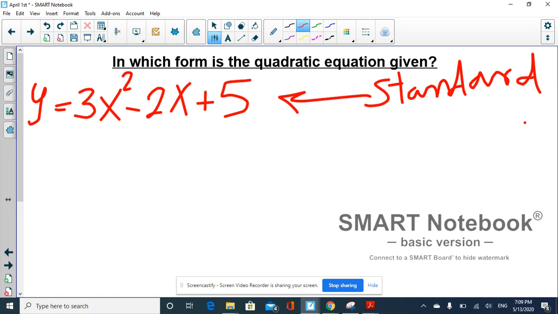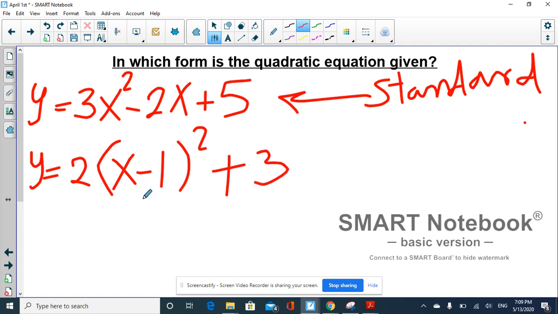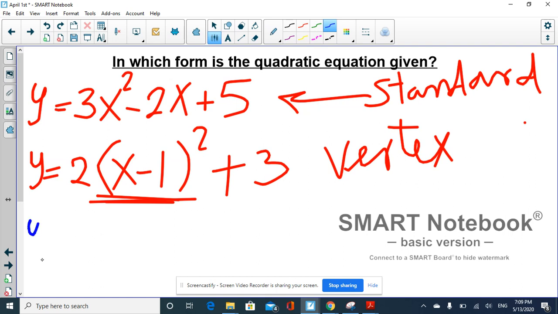This is standard form. If I give you something like y equals 2 times (x minus 1) squared plus 3, something squared here, then the constant, that means this is the vertex form. And the other form is equal to 2 factors, (x plus 3) multiplied by (x minus 1).